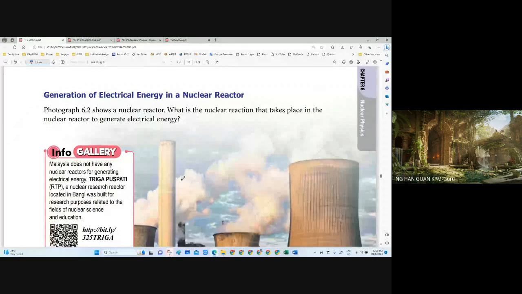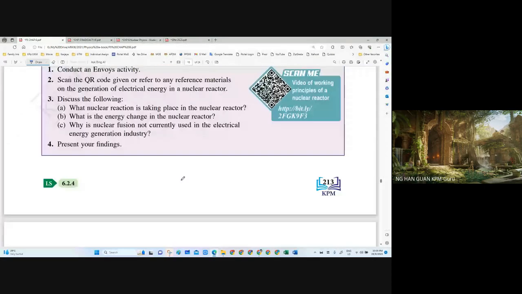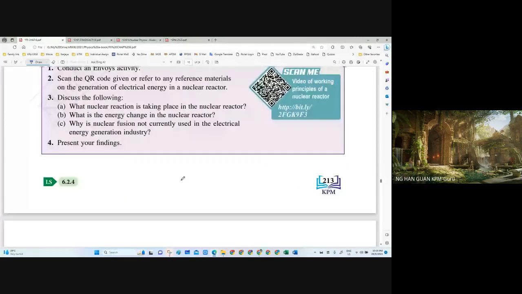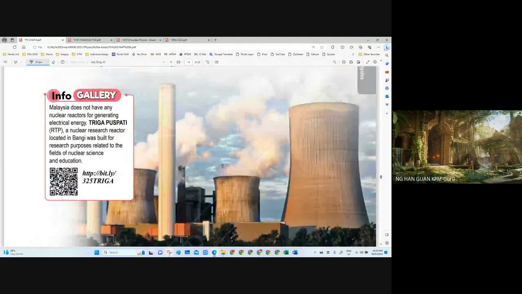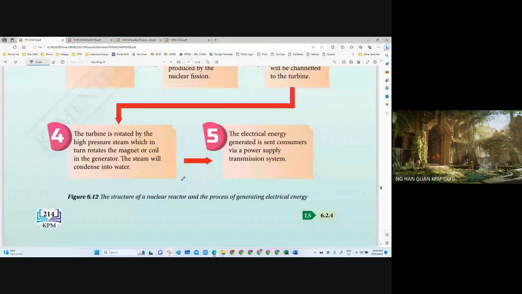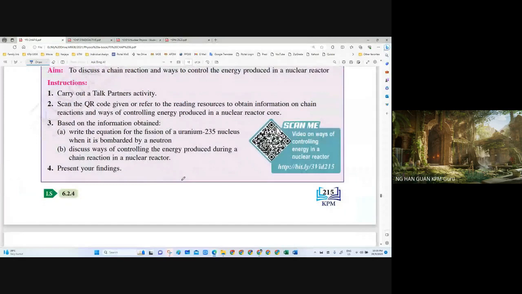You will notice that this knowledge will try to convince you that the nuclear reactor is actually a better option to generate electricity, which is not harmful to the environment, even greener than hydroelectric power.